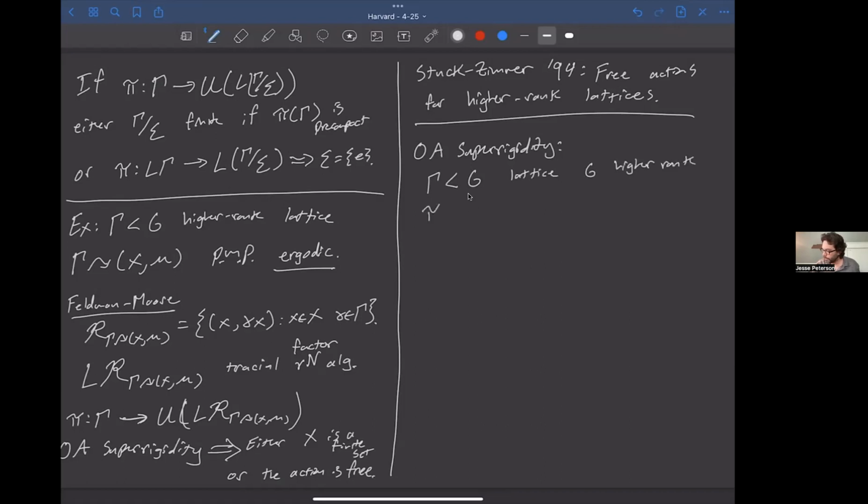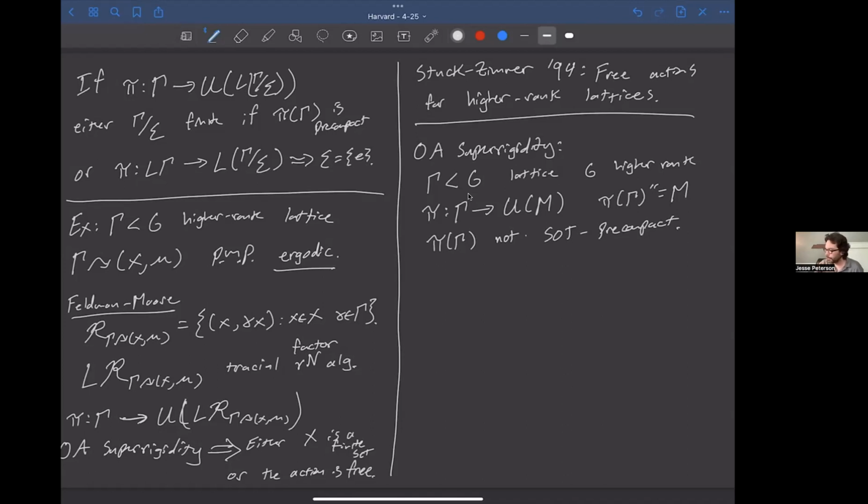We have a representation of this group into a von Neumann algebra M, which generates it. And we're assuming that the image of Gamma is not precompact. And then we want to conclude that this representation extends to the von Neumann algebra.